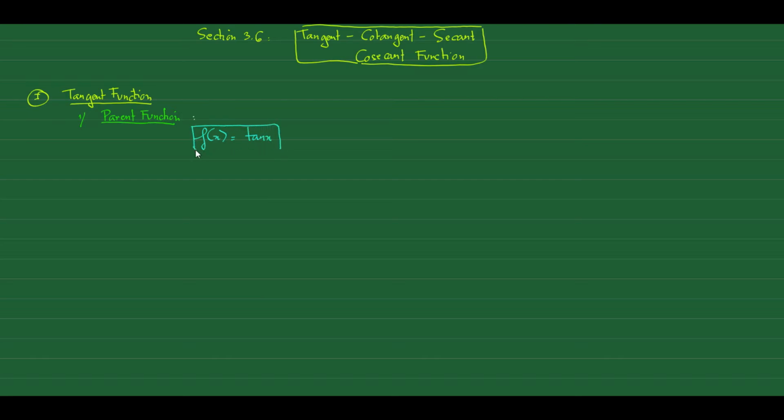Again, the x over here will be in degrees or in radians.